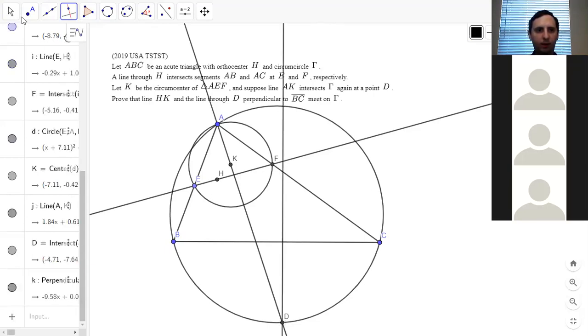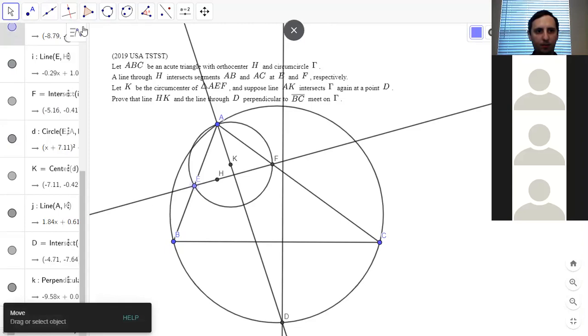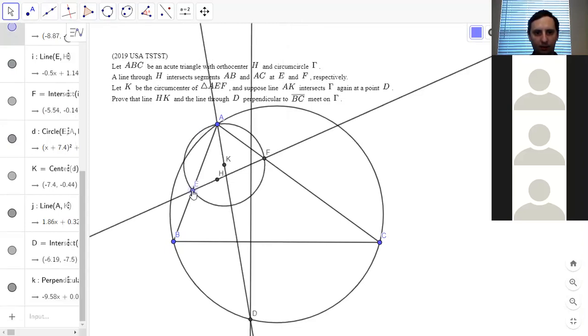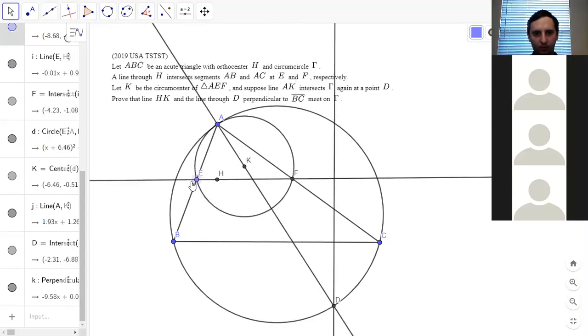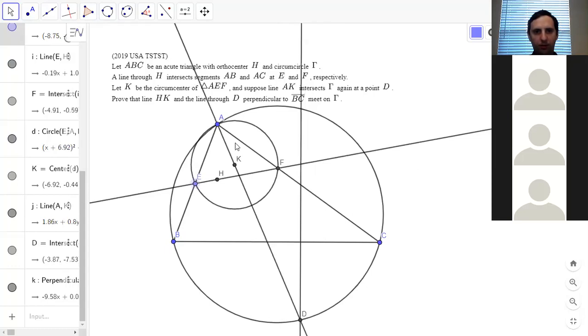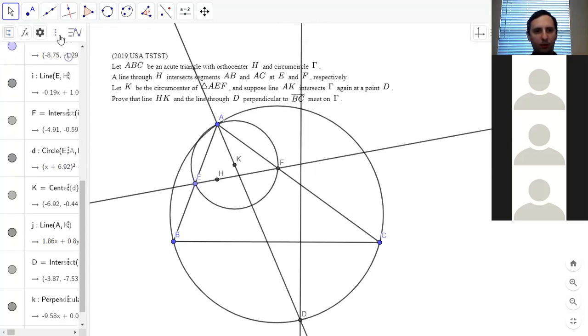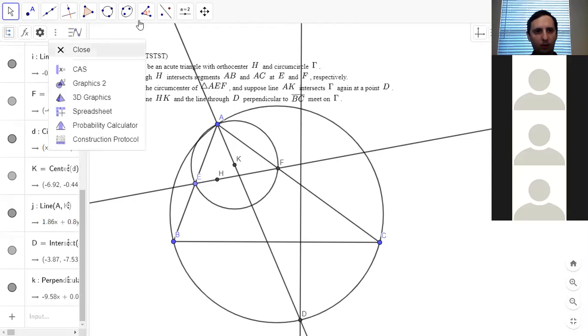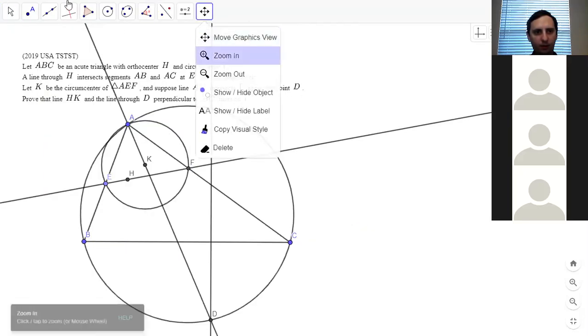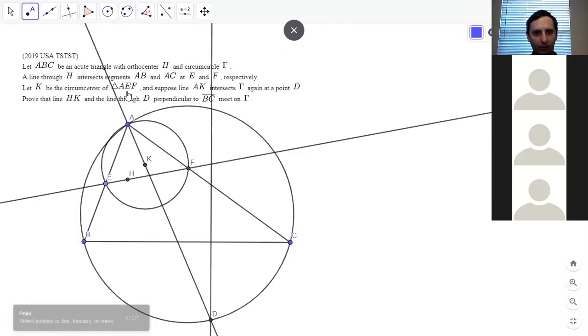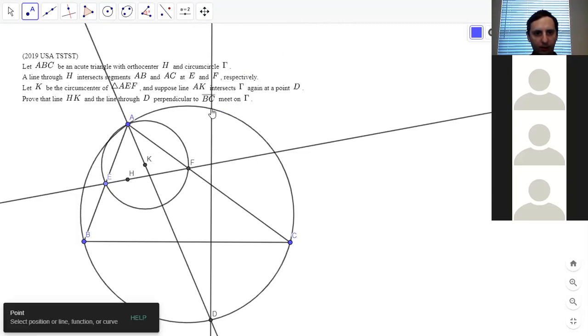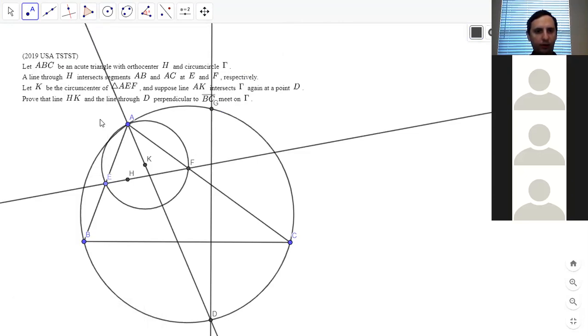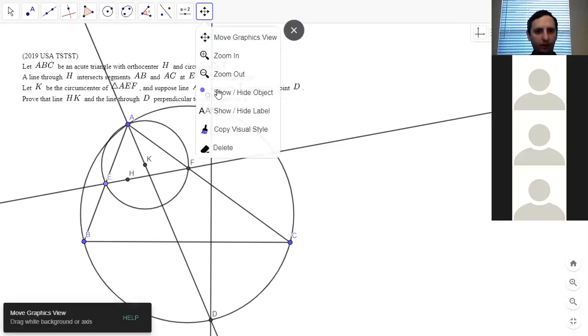I'm surprised I haven't seen this before. Let me close this, hide some stuff. So let me draw this point right here, point G. So it's the same as saying H, K, and G are collinear.